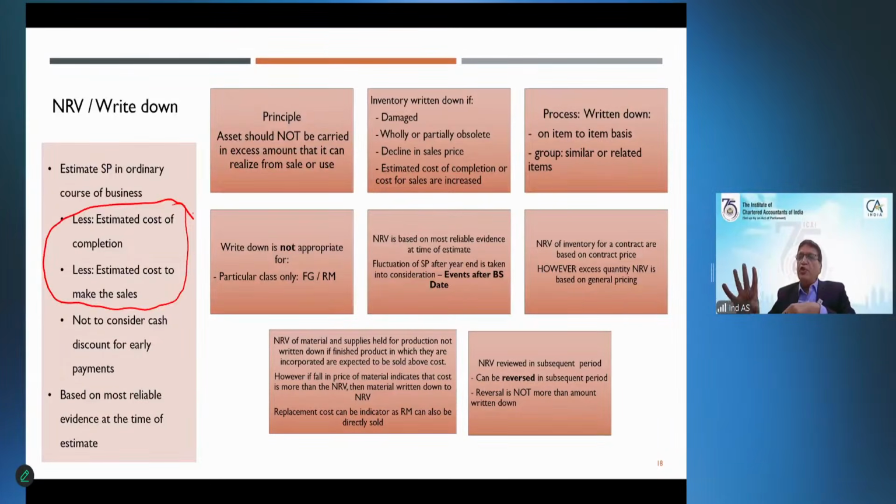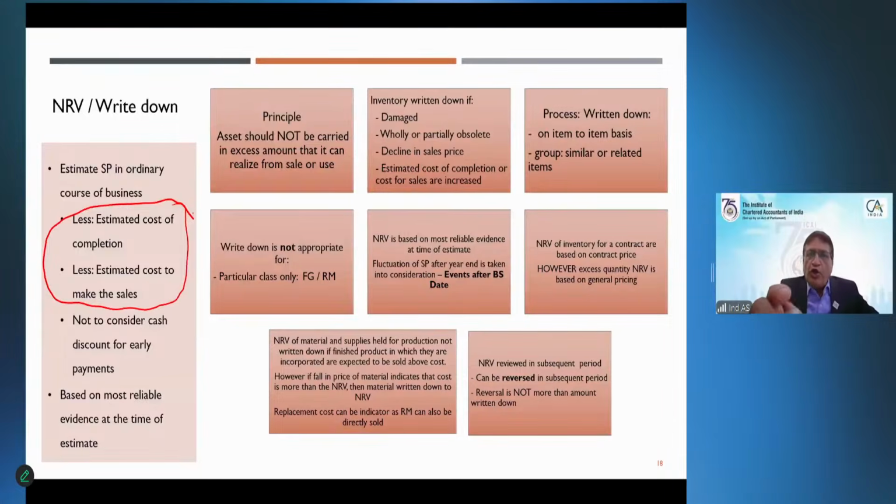And the balance sheet should not have a number which I cannot recover. So the NRV testing brings down the value of inventory to its realizable or recoverable level, so that my basic principle of realizability of assets is adhered to.